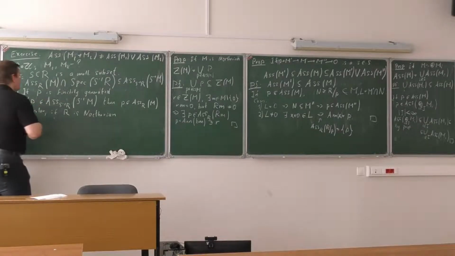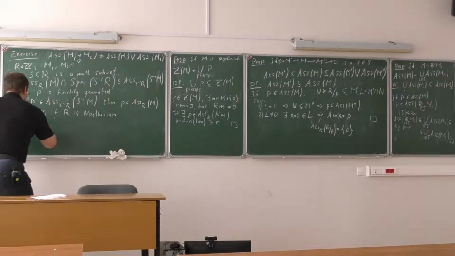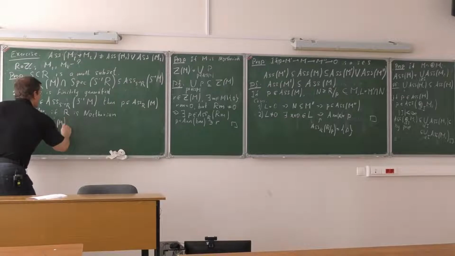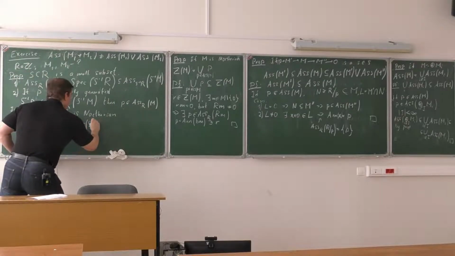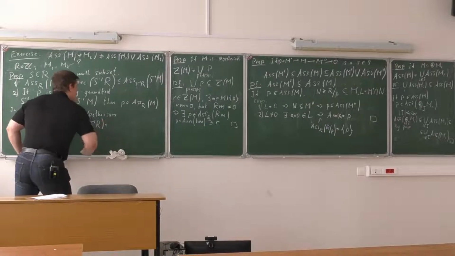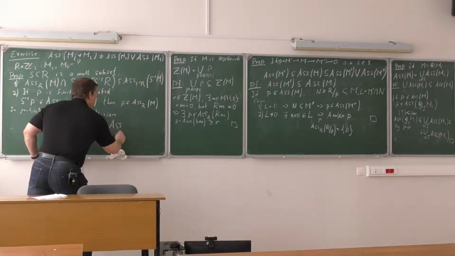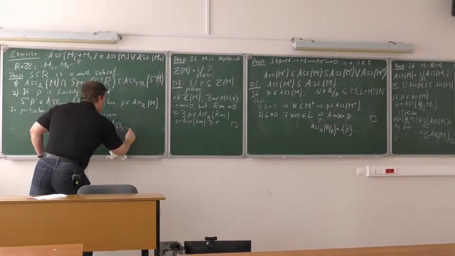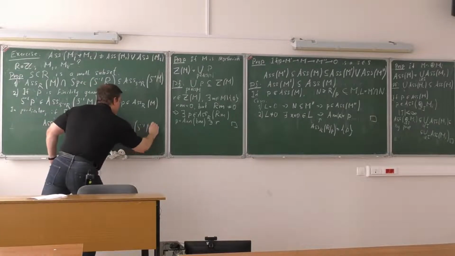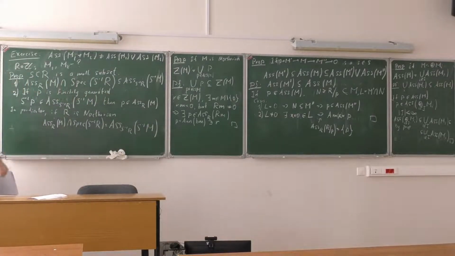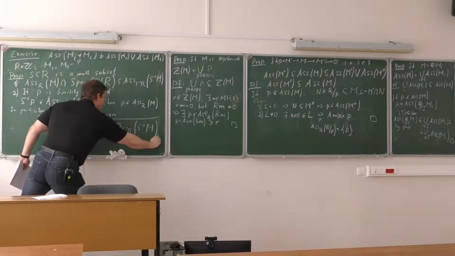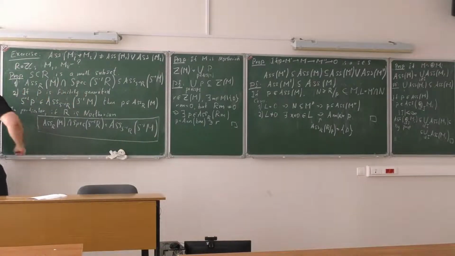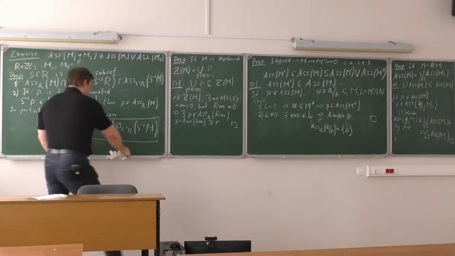So if R is Noetherian, we can have this nice formula that the set of the associated primes over R of the module M intersect with the spec of the localization is exactly the same thing as the associated primes over the localization of the module. So this is a nice formula that is true in a Noetherian case.